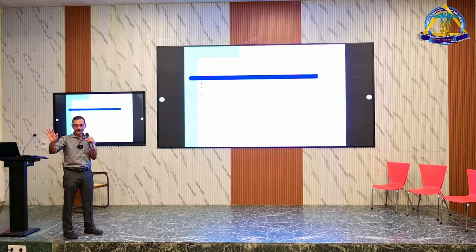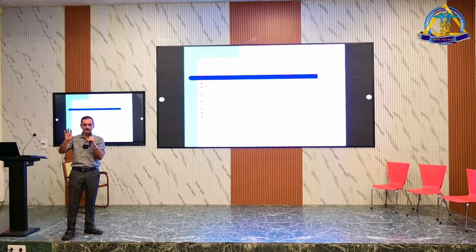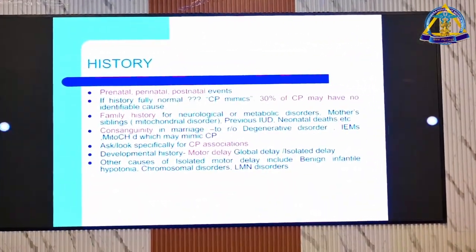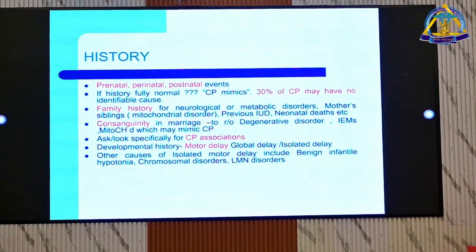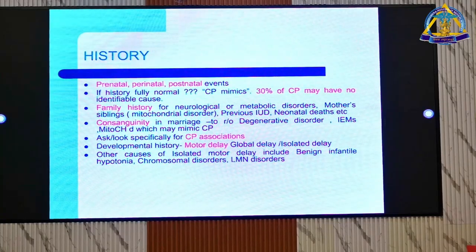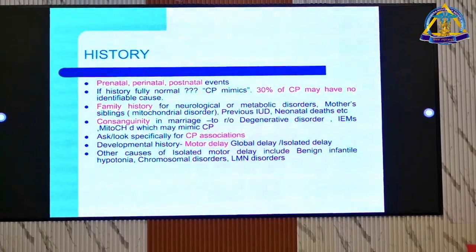Second point is not for you. Don't ever think of CP mimics as an MBBS exam. That is only for postgraduates. Third is family history, because if it is other than CP, you can have a family history. CP generally does not run in families.